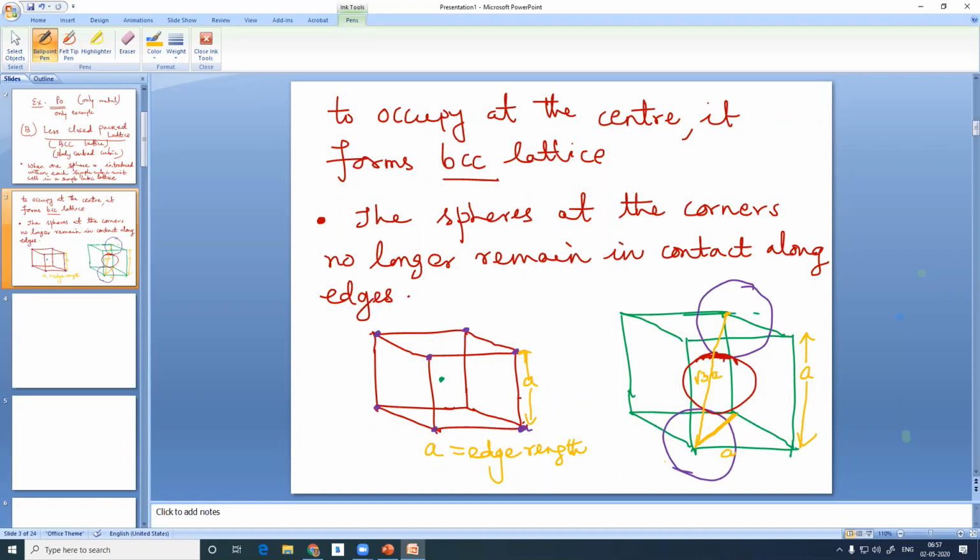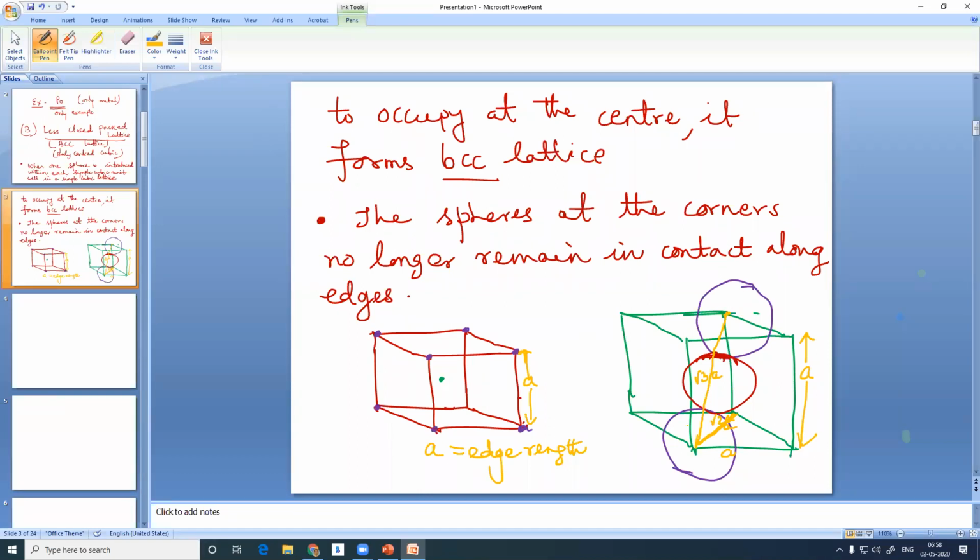So the body diagonal, from your common knowledge of solid state geometry, is root 3A for a cube, because this is root 2A, the face diagonal, and if you again use the Pythagoras theorem, (root 2A) squared plus A squared and the square root of the sum will be root 3A.